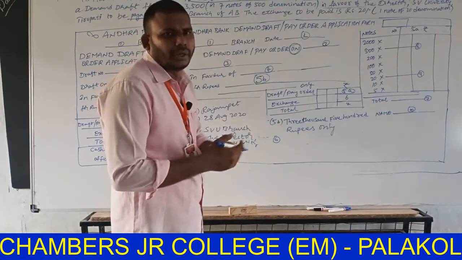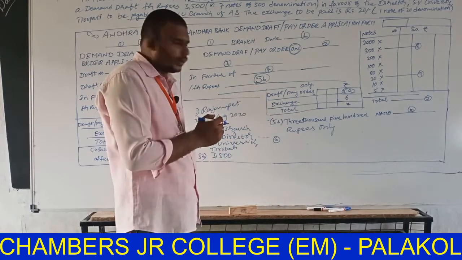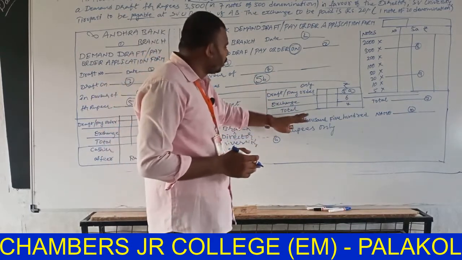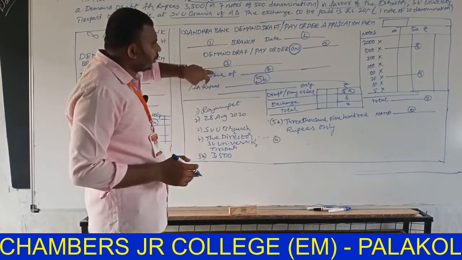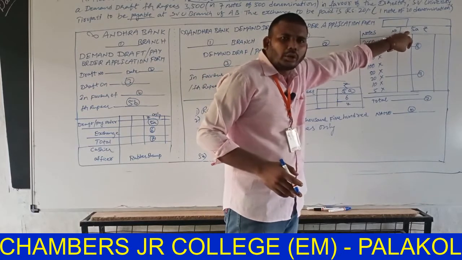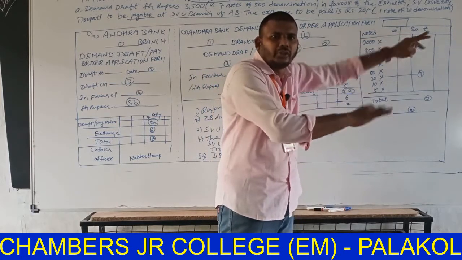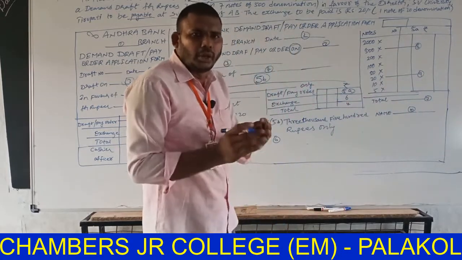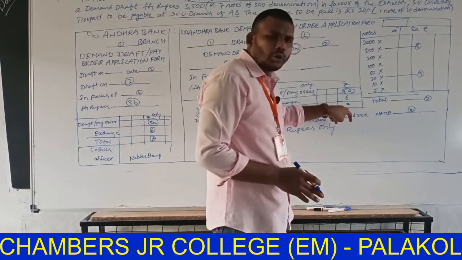It should be paid separately. Of course, we pay it along with the total notes, but in the DD amount we do not include it. While writing the rupees here, you do not mention the total amount including the exchange. Here the exchange rate is excluded.